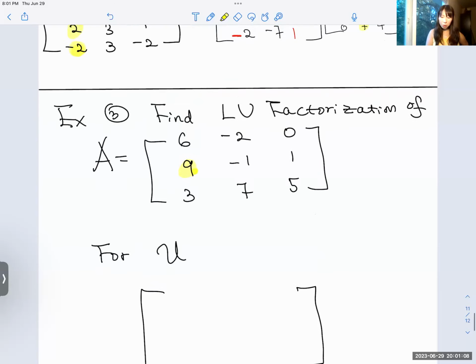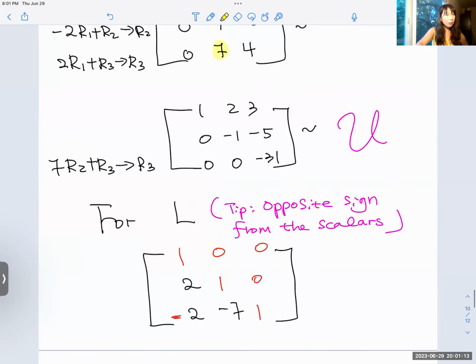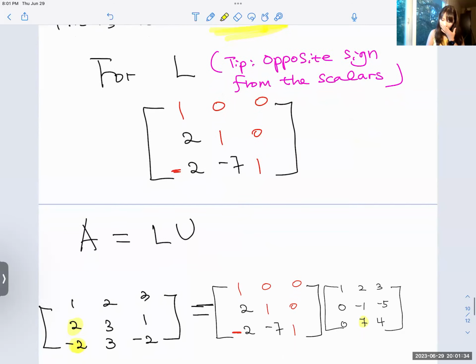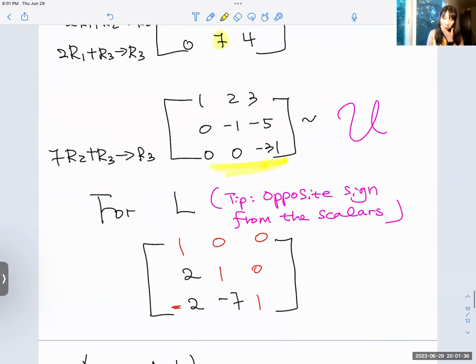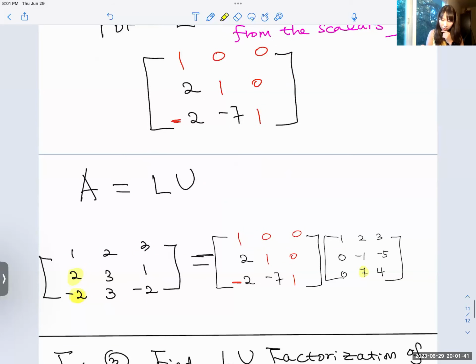Third row for U. Hold on 1 second. Third row for U. Let me see. That is correct, isn't it? Yes. I copied the wrong one. Sorry. Oh, good thing you checked that, right?